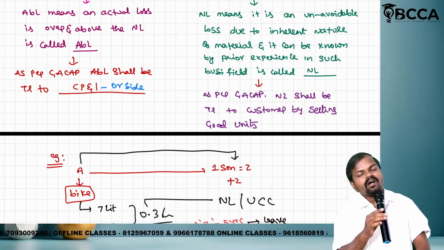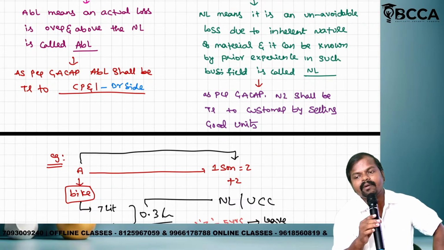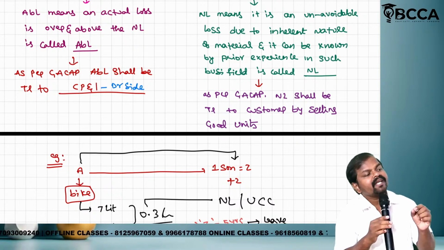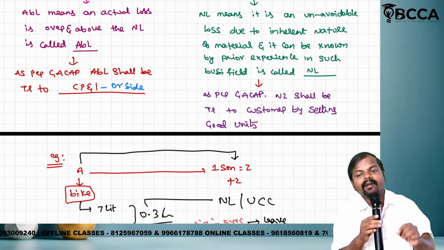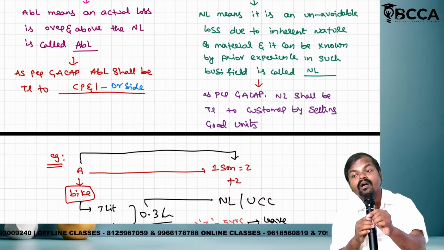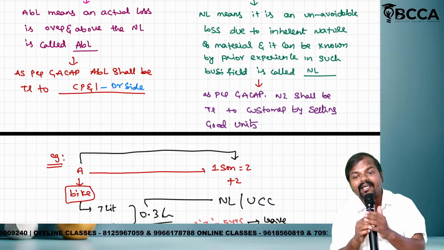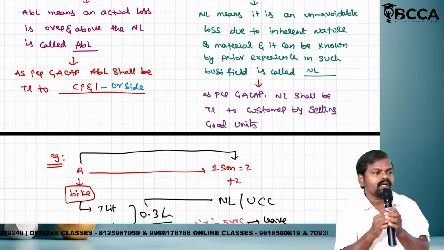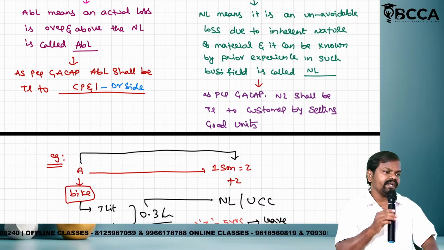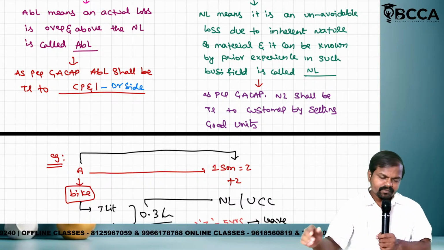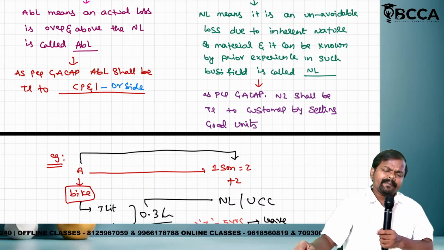Such a concept is called normal loss. As per GAAP principle, normal loss shall be charged to the customer by selling good units or effective units. Is it right? Yes.